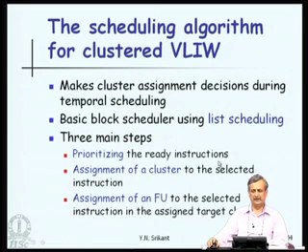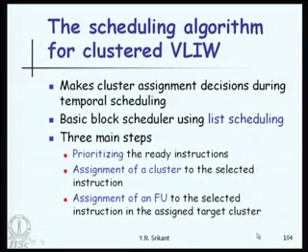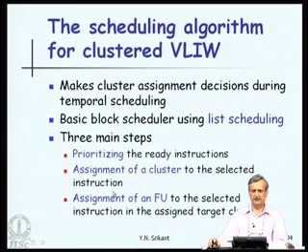This was done even for parallelism extraction and exploiting parallelism. Then, assignment of a cluster to the selected instruction, and assignment of a function unit to the selected instruction in the assigned target cluster. It is important that we do it in this particular order, as we will see very soon.